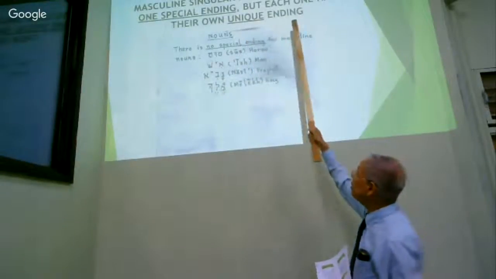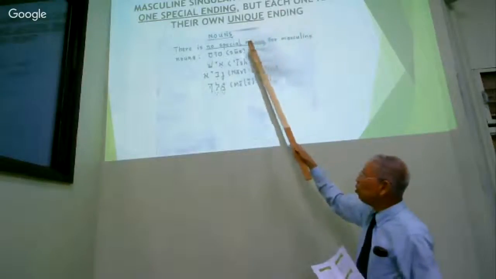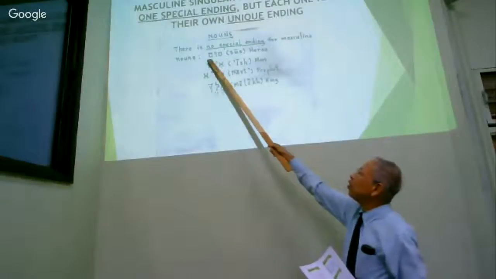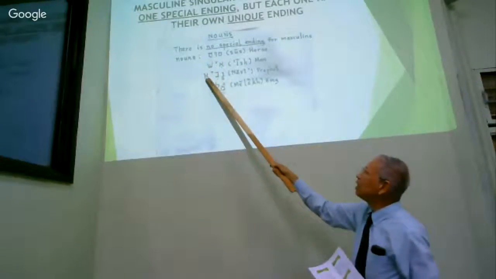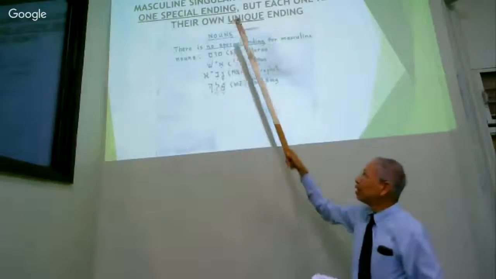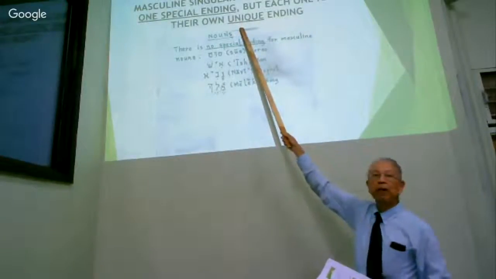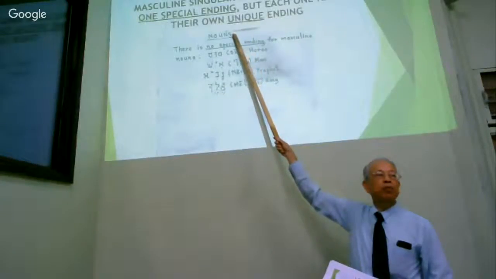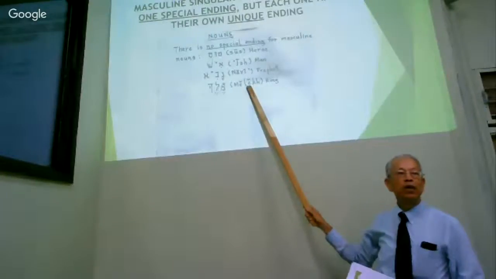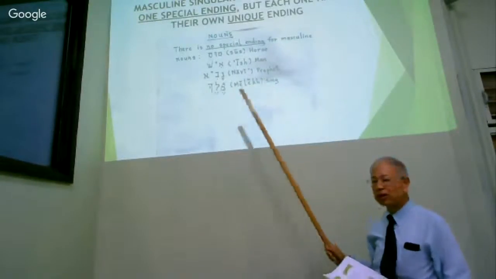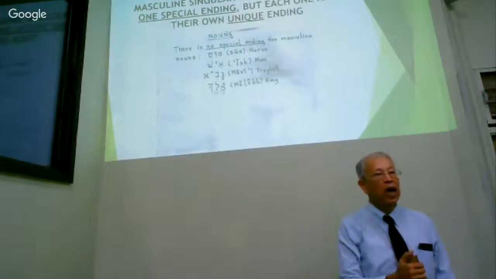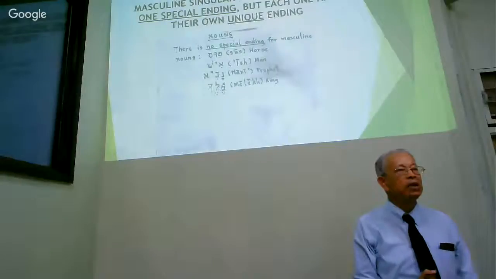So masculine singular nouns do not have one special ending, but each one has their own unique ending. Know this fact and be able to give 2 examples of this fact. So if you get a question such as, do masculine singular nouns have the same ending?